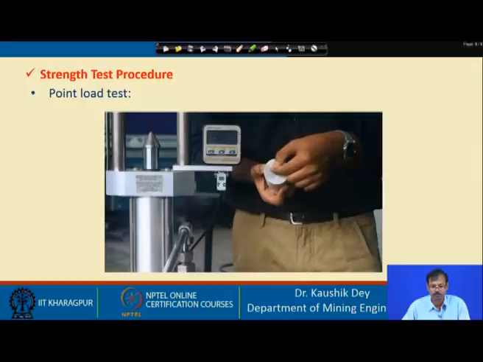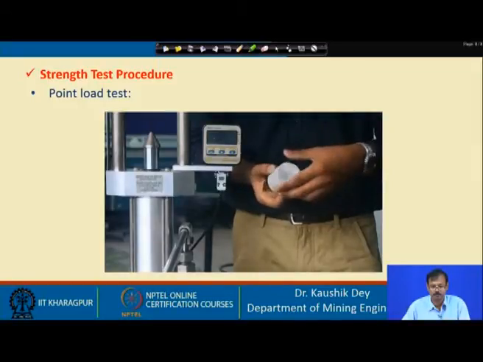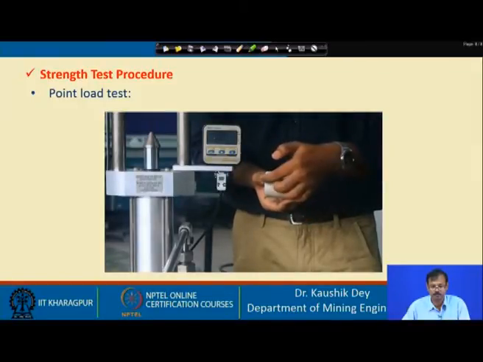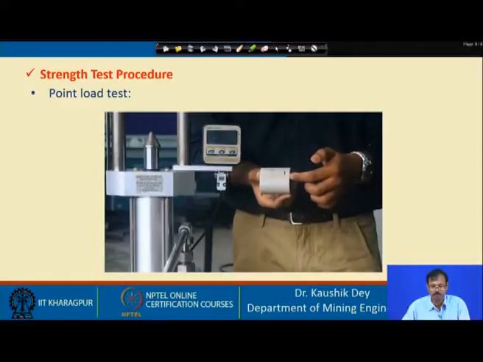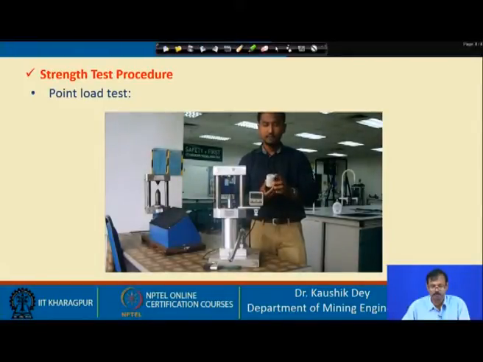See, this is the diameter of the sample, and this side is the length of the sample. So the ratio of the sample is 1:1, height to diameter.